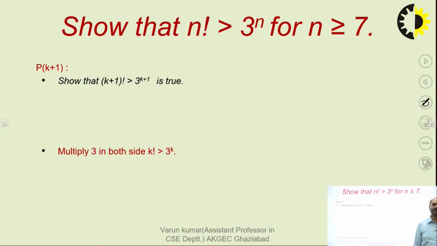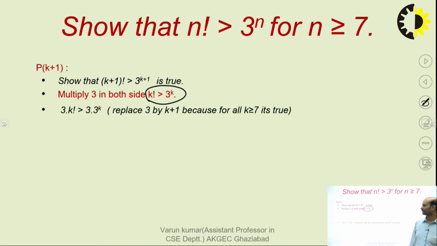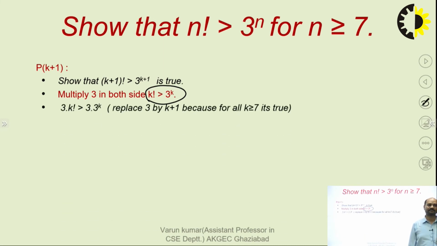For this, this is our assumption, that this equation is true, so we multiply by 3 on both sides, so it becomes 3 dot k factorial greater than 3 dot 3 to the power k. We can say that it is 3 power 1 and 3 to the power k, so it becomes 3 to the power k plus 1.